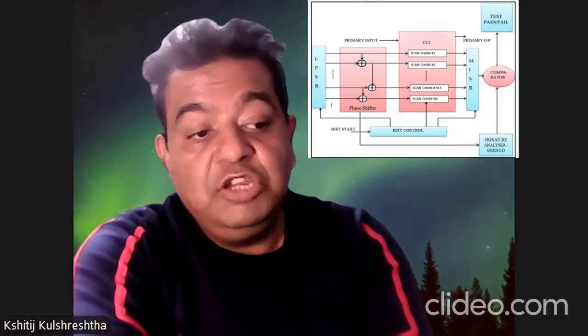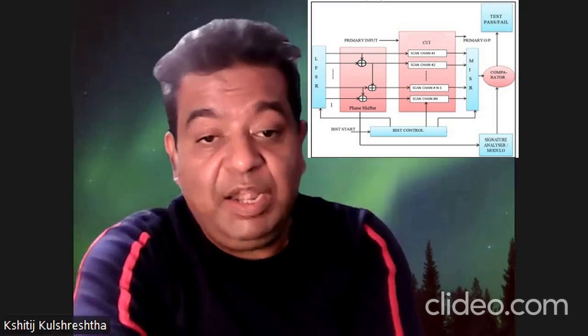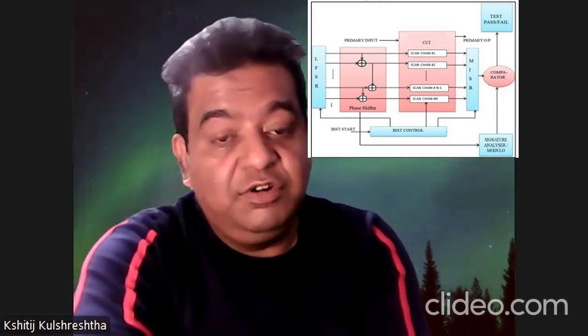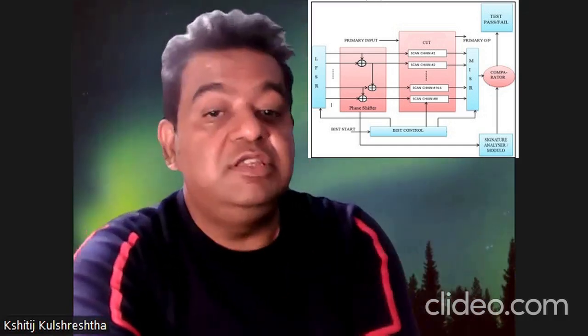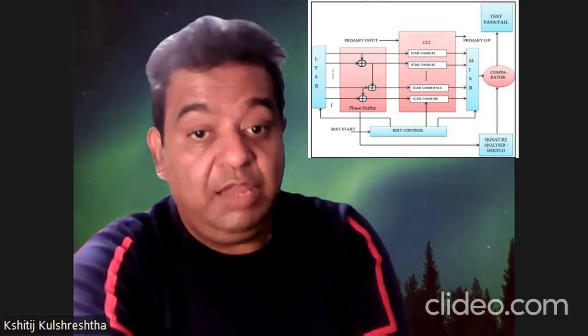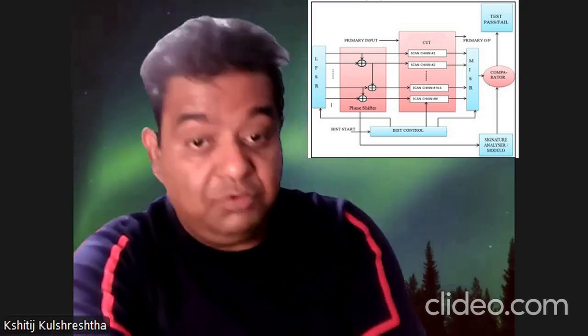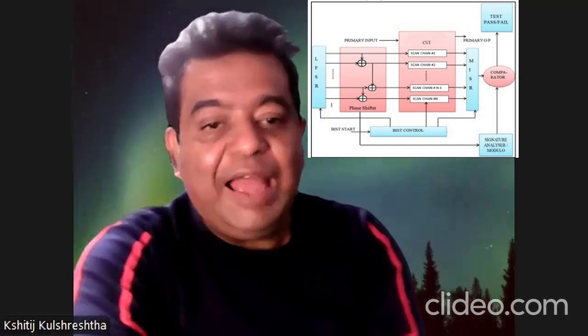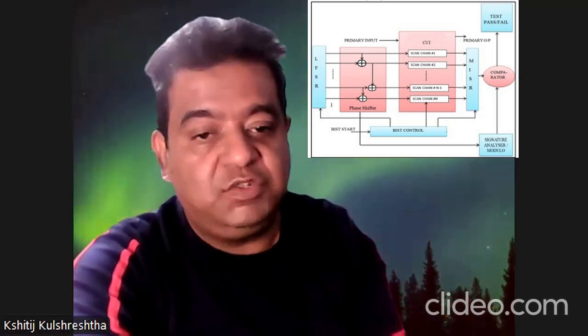Later on, someone proposed how to eliminate this structural dependency with a very important piece of hardware called a phase shifter. The issue of structural dependency, why the phase shifter is required, and how the STUMPS architecture was modified into what we use today, we are going to discuss in our next video.